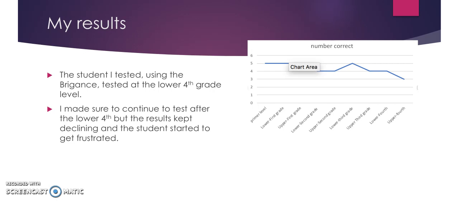And then it spikes back up around the lower 3rd grade level, back to 100% correct. Then back down after the upper 3rd grade and consistent until the lower 4th grade. Once we get to the upper 4th grade level, the performance drops below 80%.